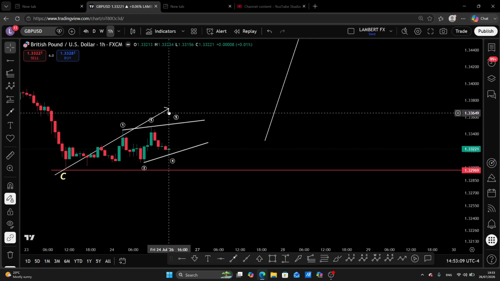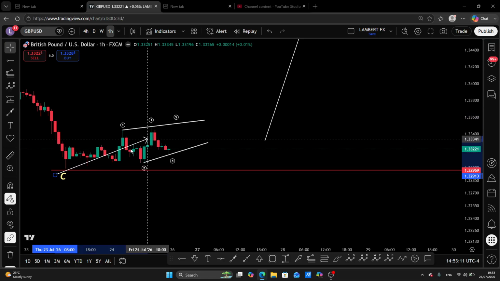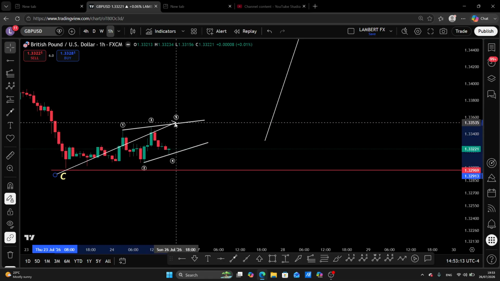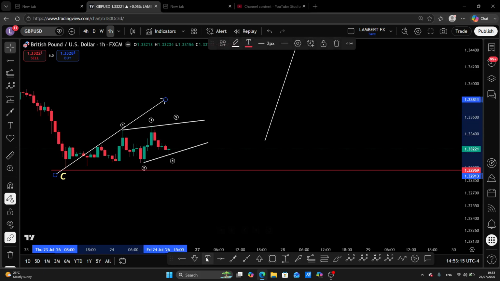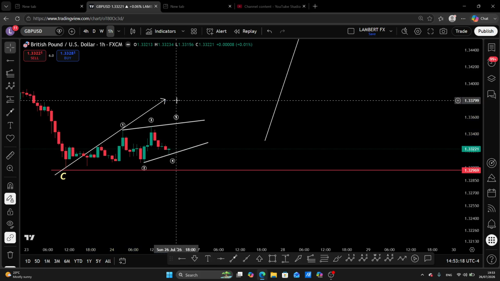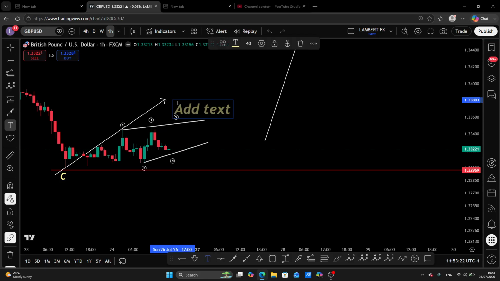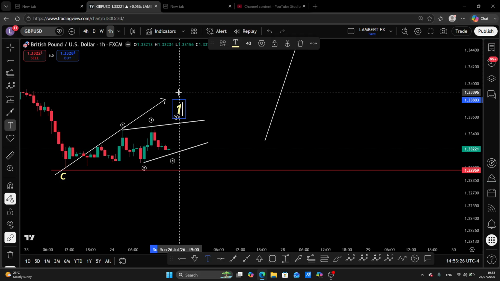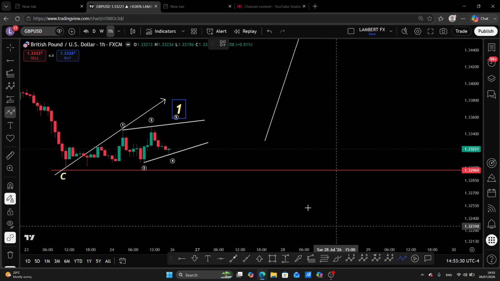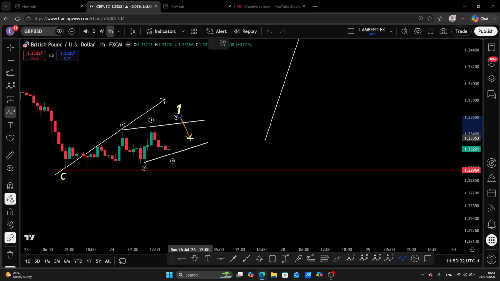Once the 5 is completed, that means we now have a 1.